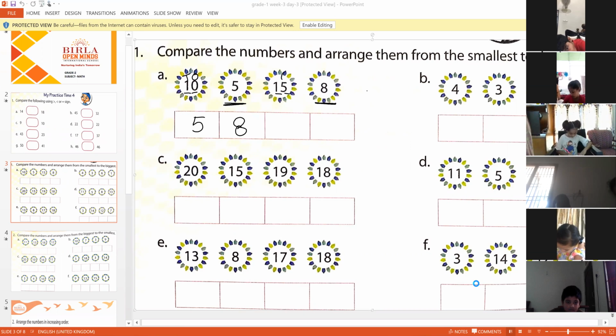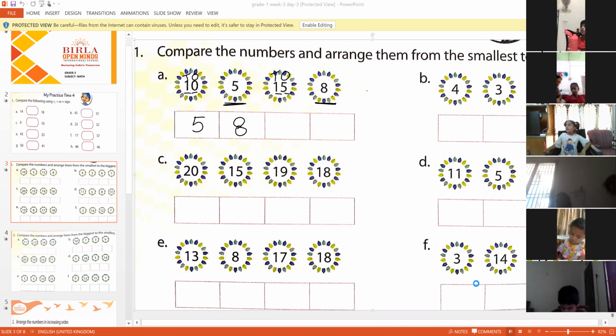And in 15 we have in ones place 5 and in tens place we have 1. So children, first we will compare the numbers in tens place. In tens place in both the numbers we have 1. So we cannot say which number is smaller or greater. So we will move on to the numbers in ones place.